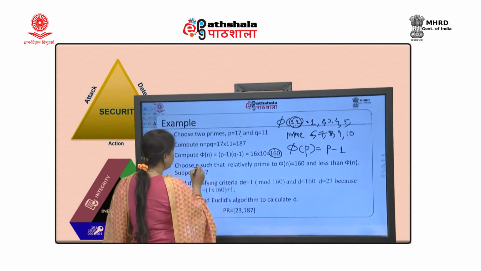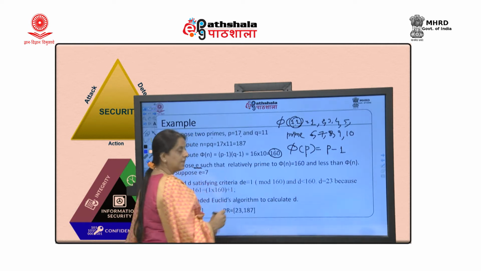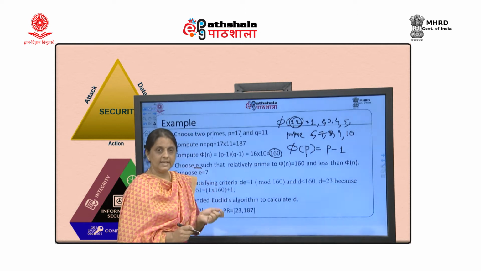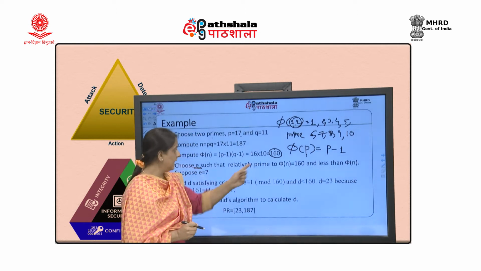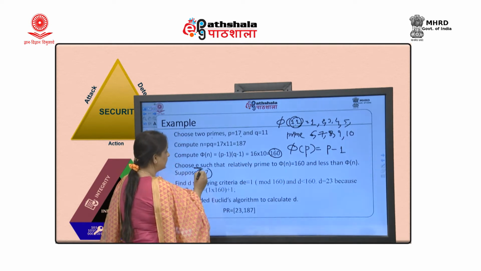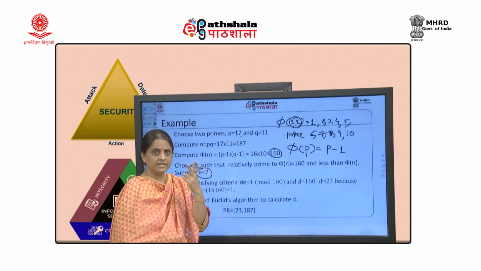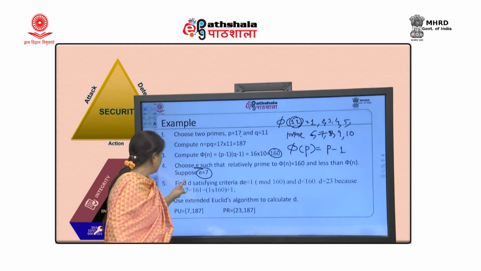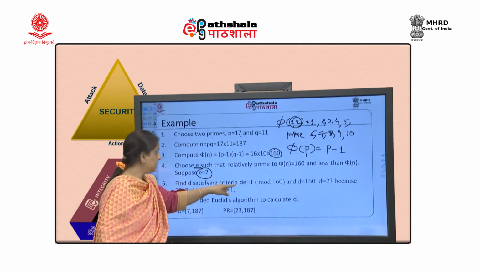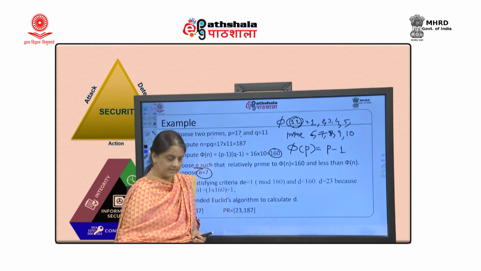Now, we can choose E between 1 and 160. The second criterion is GCD of E and 160 should be 1. So, for example, we have selected 7. You can select any number that satisfies these two criteria. Find D satisfying the criterion DE congruent to 1 mod 160.